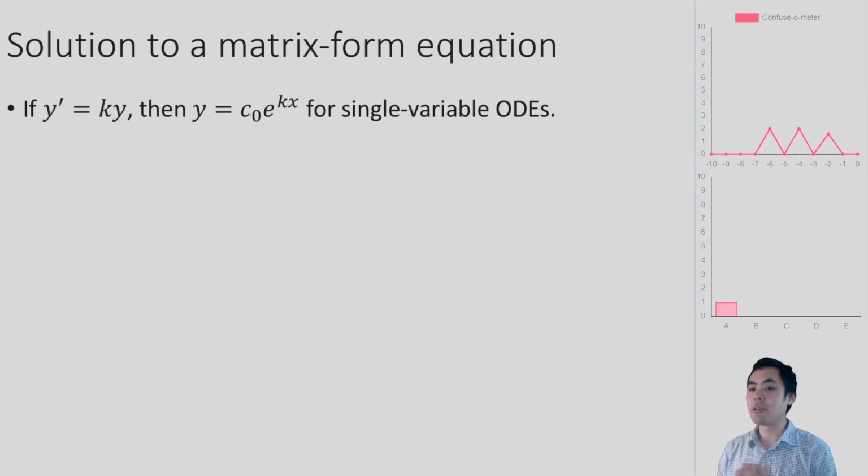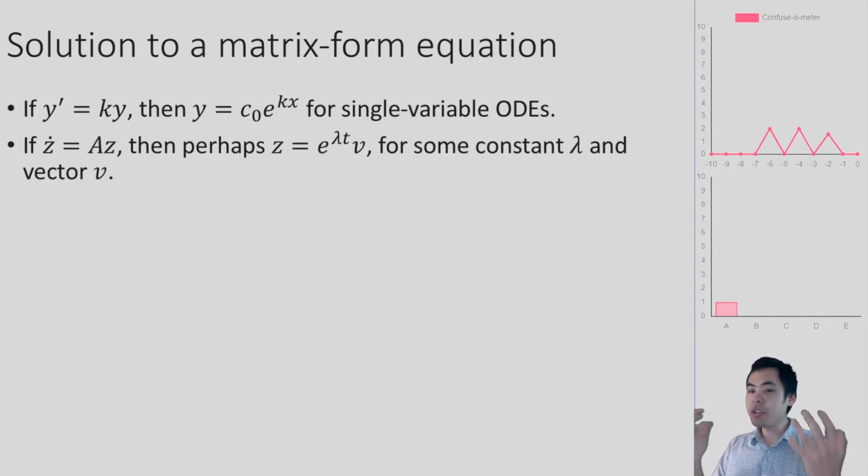So this is for single variables. Now, one guess you might have is that for this multivariable matrix system, maybe there is a solution z is equal to e to the lambda t times v. We're going to use t instead of x here because that's what we use for the independent variable when we have multiple variables. So maybe there exists some solution that looks like this.